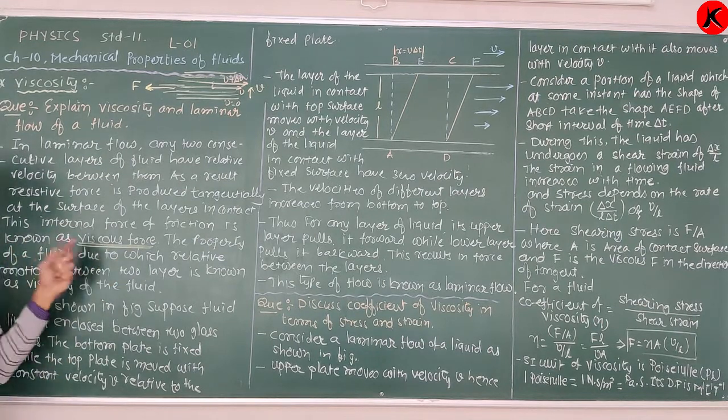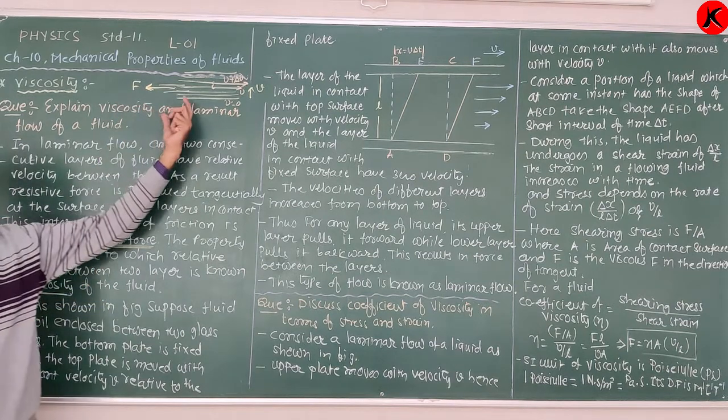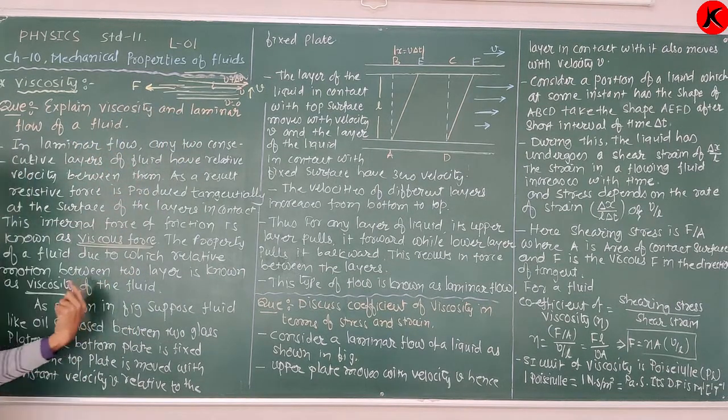And the property of the fluid due to which there is relative motion between the two layers is known as the viscosity of the fluid. Due to this property, the fluid flows in the form of different layers.